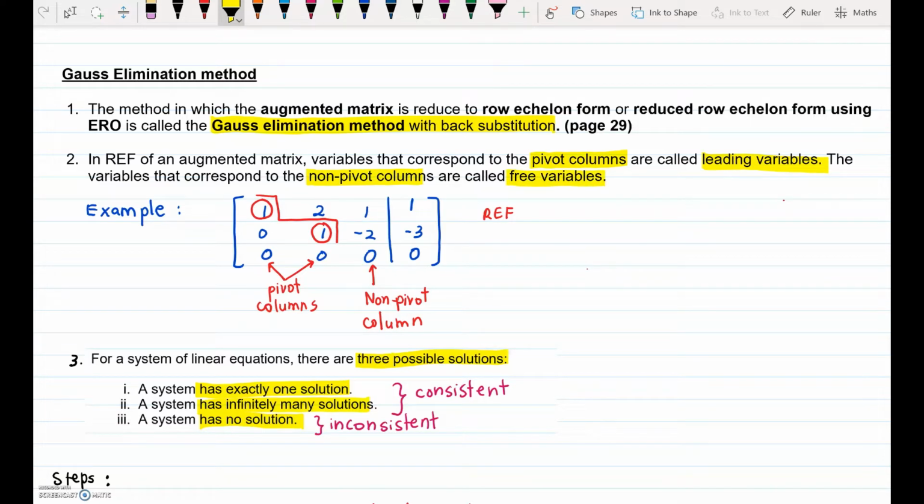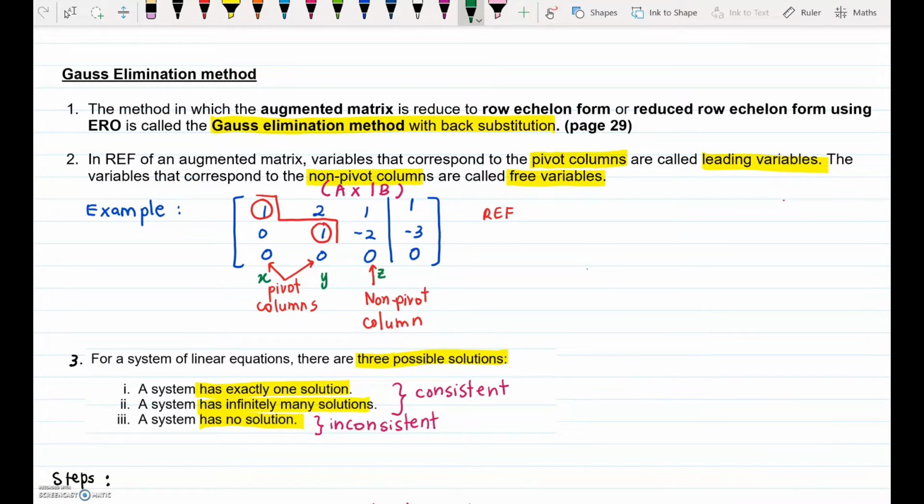So what does it mean? In this example we have an augmented matrix. When you want to solve a system of linear equations using the Gauss elimination method, you will later use back substitution. To use back substitution, you have to know which are your leading variables and which are your free variables. Let's say the first column represents the variable x, the second column is for y, and the third column is for z.